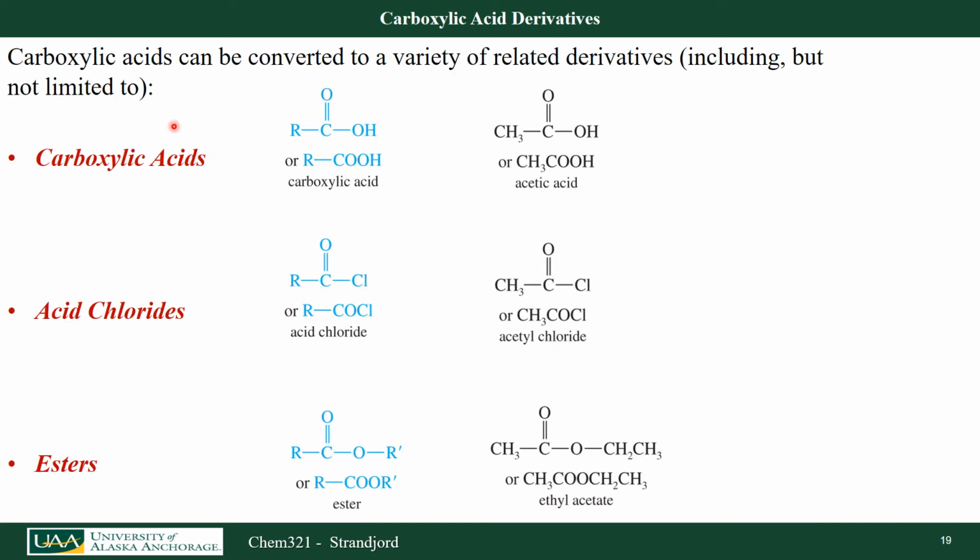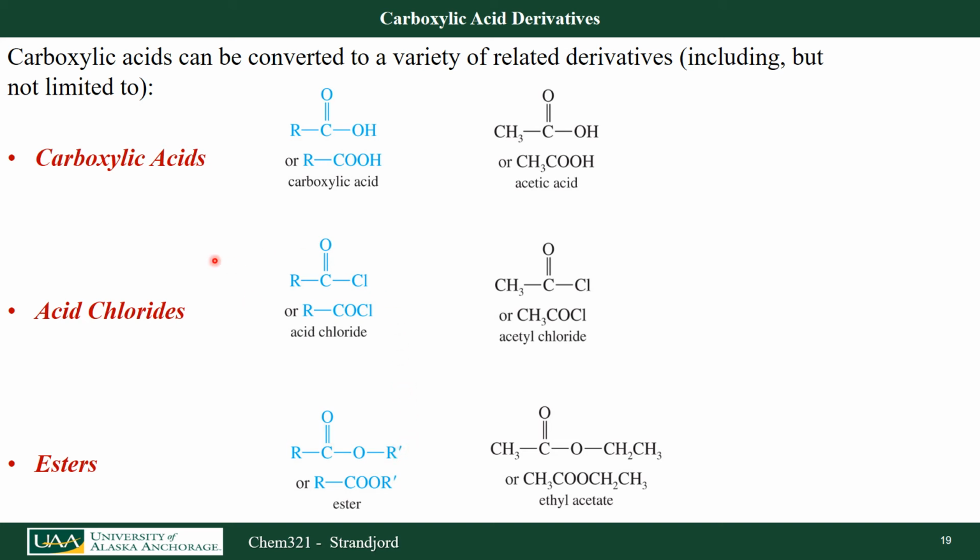We also have some derivatives of carboxylic acids. So my carboxylic acid, I have a carbonyl group with an OH attached to it. If I have a carbonyl group with a chlorine attached to it, we call that an acid chloride. If I have a carbonyl group with an OR attached to it, we call that an ester.